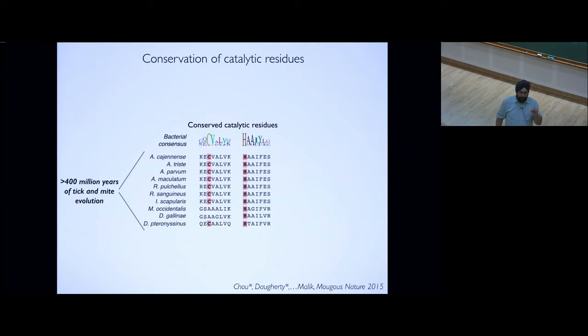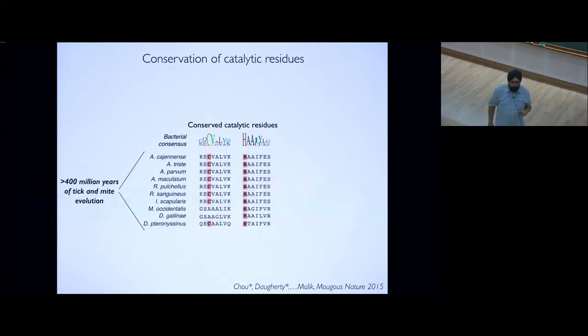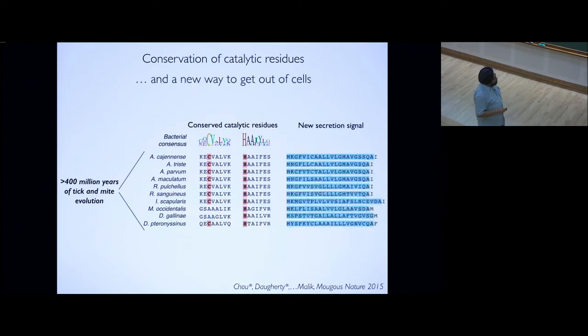In bacteria, they use the type 6 secretion system to inject themselves into recipient bacteria. How do they get out of a eukaryotic cell, right? Eukaryotes don't have type 6 secretion systems. So what was amazing was that in every instance, they have acquired a signal peptide, which basically means a methionine followed by a hydrophobic stretch of 15 to 17 residues, which is what you need to be recognized as something that ought to be secreted.